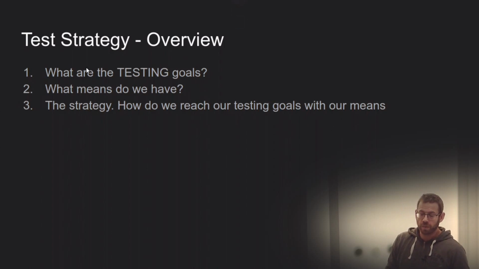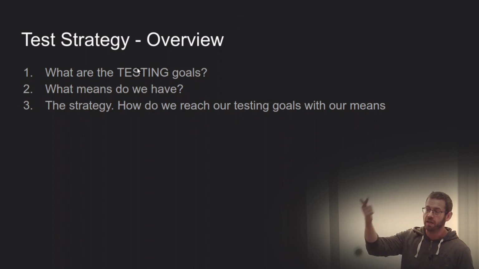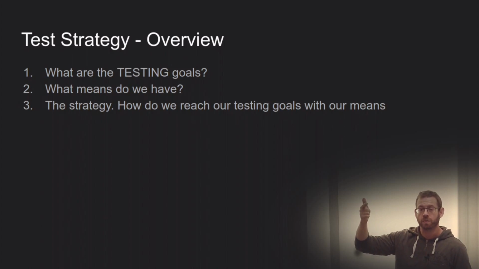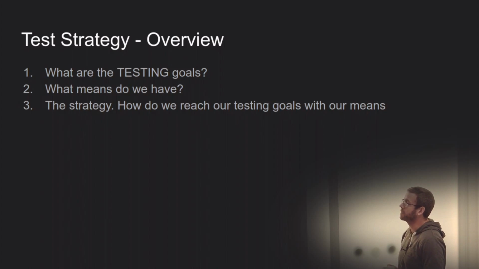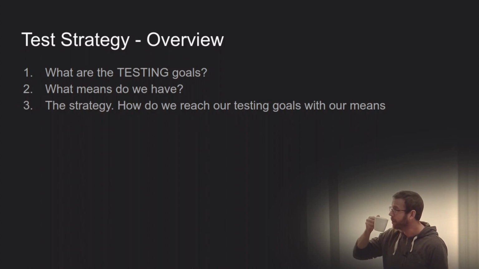Okay. So when we have goals and means, we can form a strategy. The strategy is to reach the goals with the means that we have. The minimum thing included in the strategy is to write these manual tests.